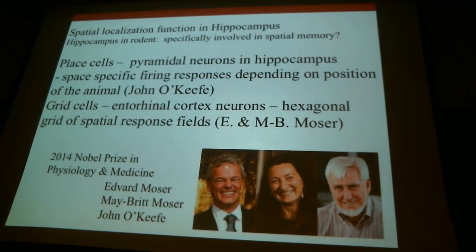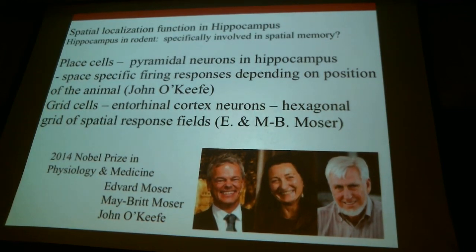And then following up on that is a more recent finding from the early 2000s, not even the 90s, I think 2005, this finding of what we call grid cells. So these are cells in the entorhinal cortex, which is tightly coupled to hippocampus, that are also position or space-specific fields.